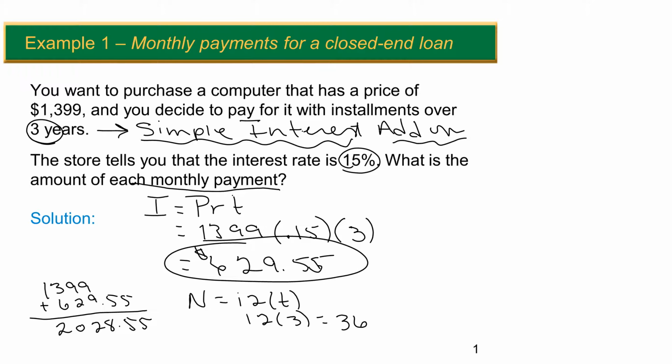So we need to determine the amount of each payment, and we do have a formula for that too. It's little m, and this is on page 322, equals A, which is future value, and future value is how much are you actually paying for this product, which is this, divided by capital N. So we're going to take 2,028.55 divided by 36, and the amount of our monthly payment is going to be $56.35.